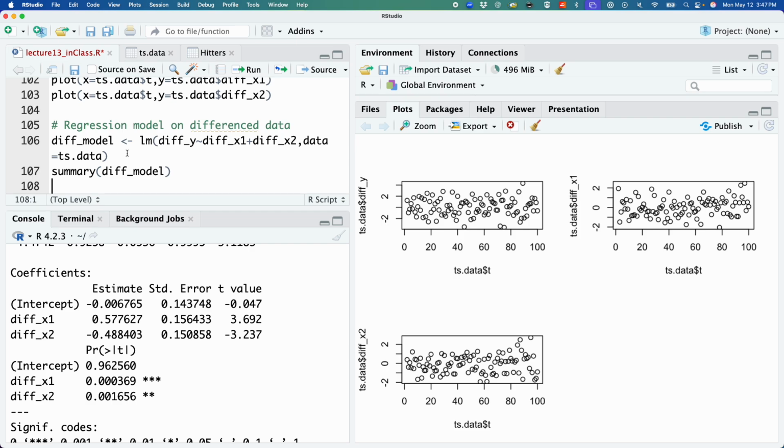Okay. And so doing it this way lets us get around these issues of having stable means and variances when we're running the regression. Yeah. Okay.